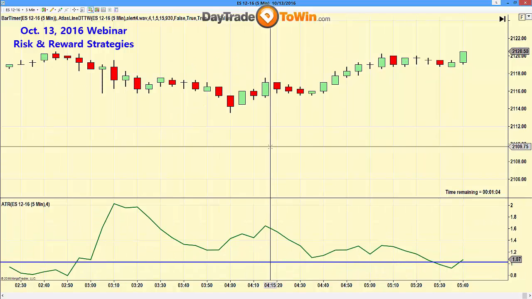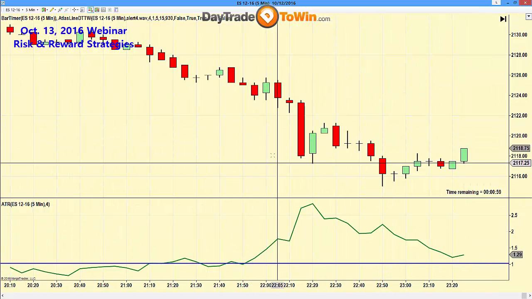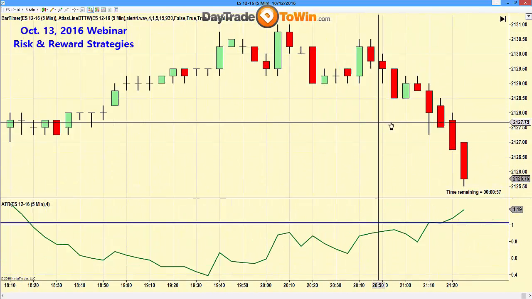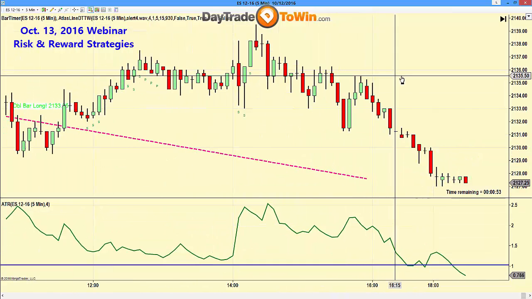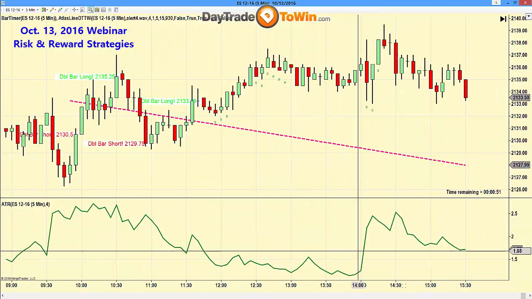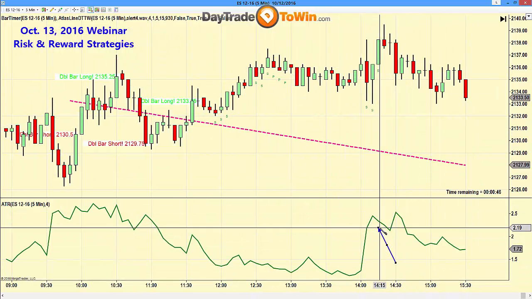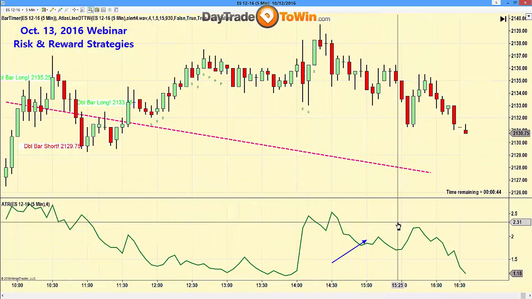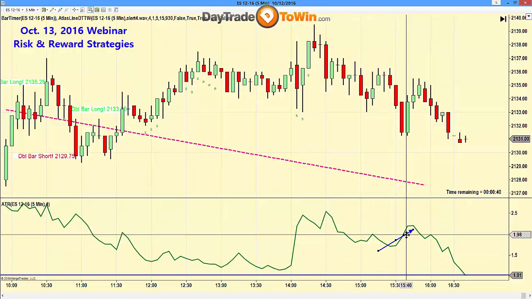If you look at the last half hour, 20 minutes of the session, you see there, this may be based off the FOMC, but there's usually a spike as the market comes to a close, and that's because everyone is getting out at market.